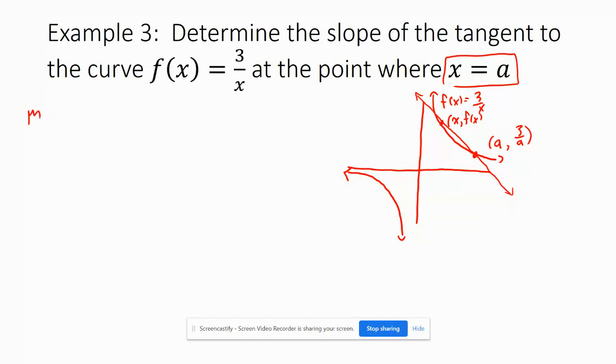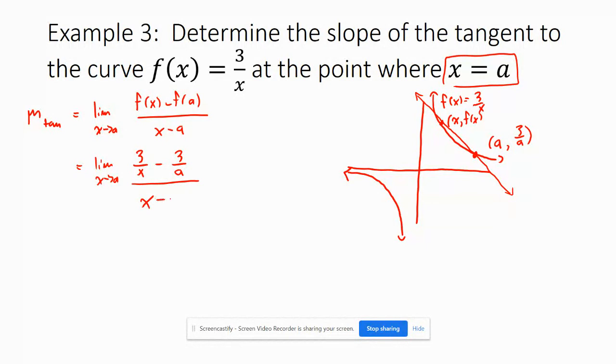So I'm going to say m tangent equals the limit as x approaches a of f of x minus f at a over x minus a, equals the limit as x approaches a of f of x, which is 3 over x minus 3 over a, that's f at a, over x minus a.